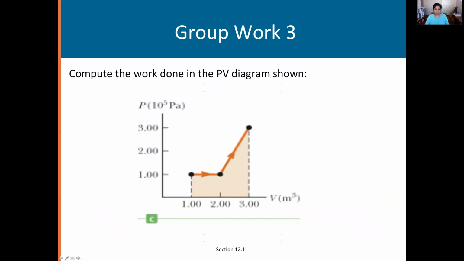So let's do one problem here. Compute the work done in the PV diagram shown. Sorry about it being slightly fuzzy, not perfectly in focus. My work done is going to be negative P delta V, or the area under the curve.